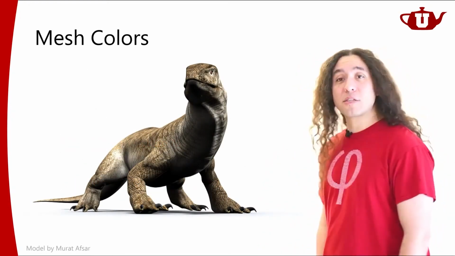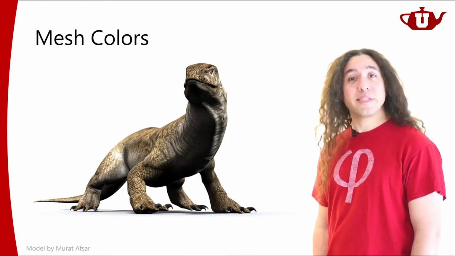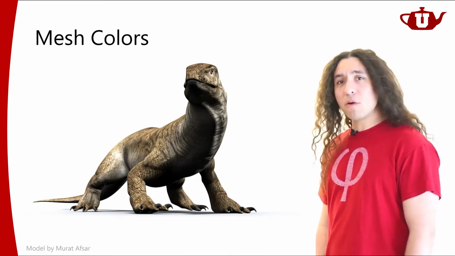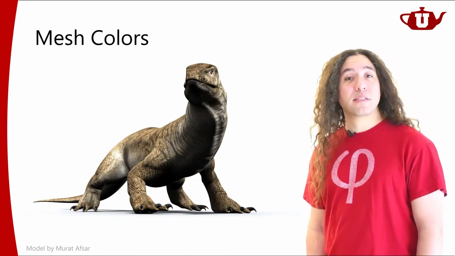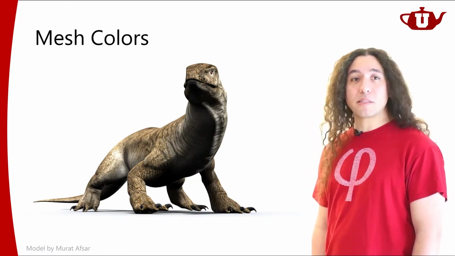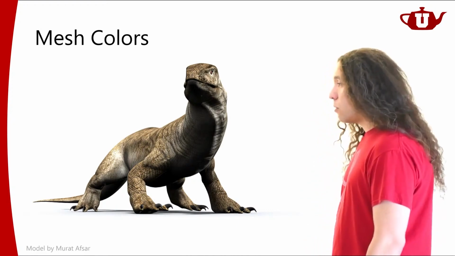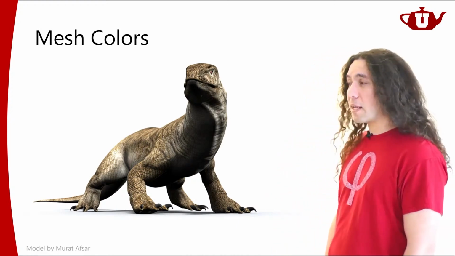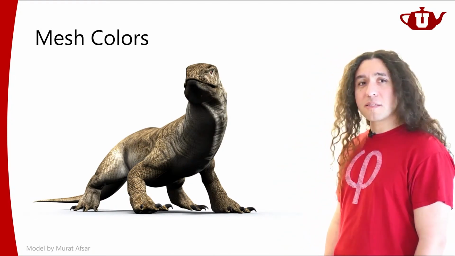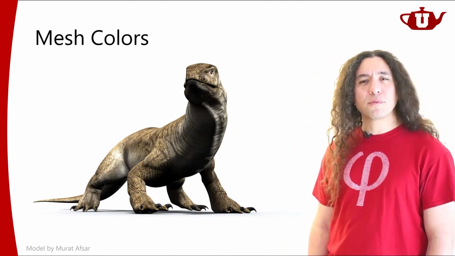So that's the structure for storing the texture samples, but without defining a mapping between the texture space and the model space. Because a lot of the problems of texture mapping are related to this mapping and defining this mapping. So it's actually mesh colors that's designed to solve two sorts of issues.